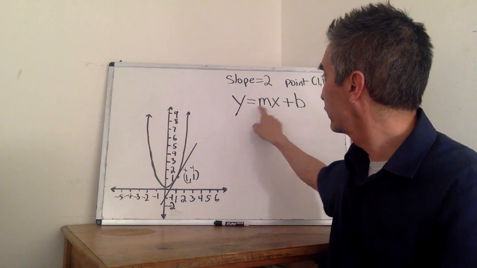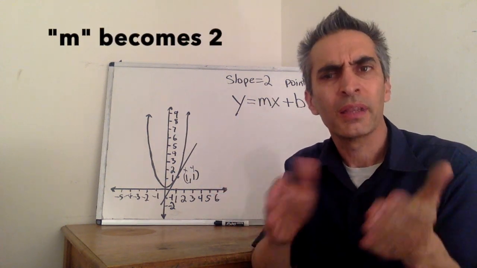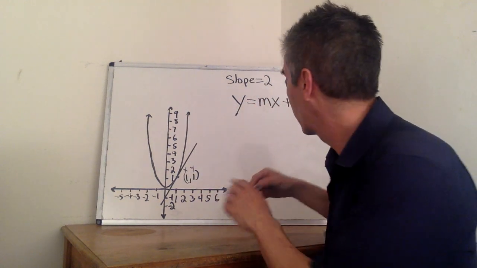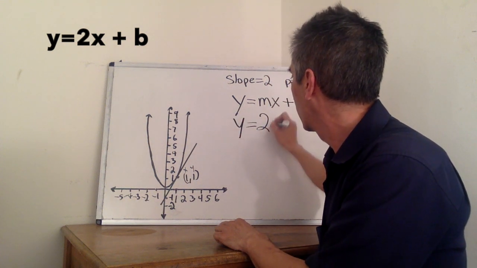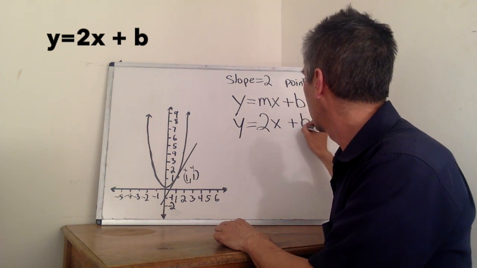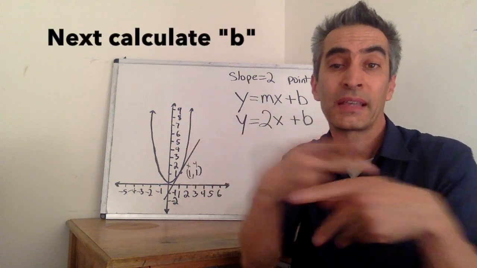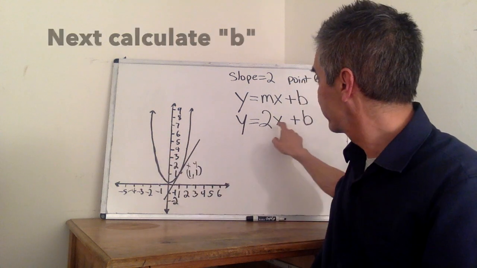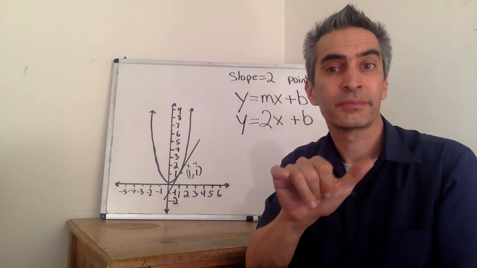Now, what are we going to do? The m is going to become a 2. We must calculate b by replacing the x and the y.